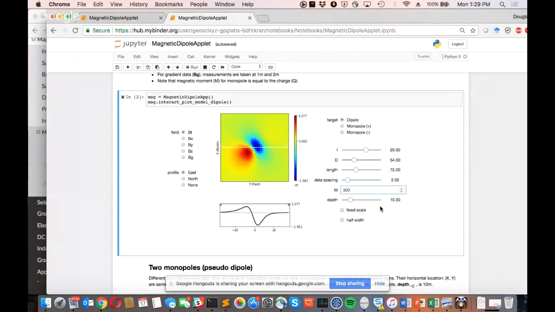I had it at 30, and I got 1.27 nanoteslas maximum value. Here's a question: if I now increase the strength of that dipole to 300, what would I expect to have in the data?